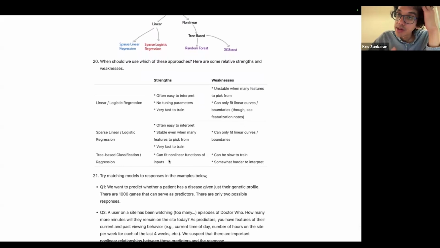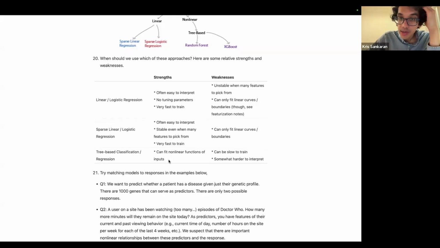Tree-based methods can fit very nonlinear things, but they can be slower and trickier to interpret. There are more and more tools out there now for interpreting tree-based models, but it's still a developing area.